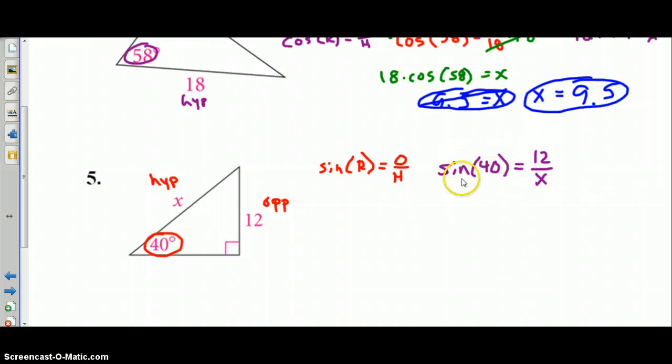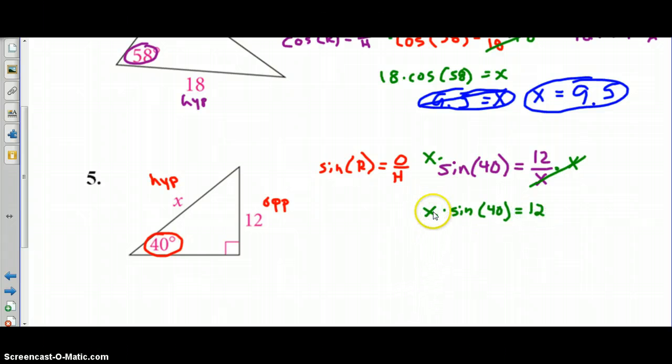Now, similar to the last problem, in order to get rid of the fraction, we're going to multiply by the denominator. In this case, our denominator is x, so we multiply both sides by x. On the right side, dividing by x and multiplying by x cancels out. And so on the left side of our equation, we have x times the sine of 40, and that is equal to 12.